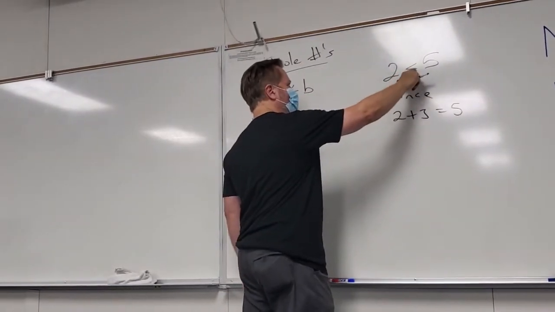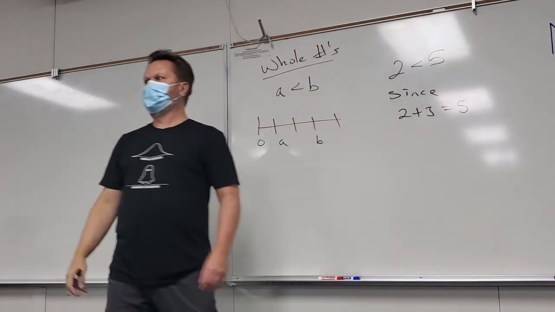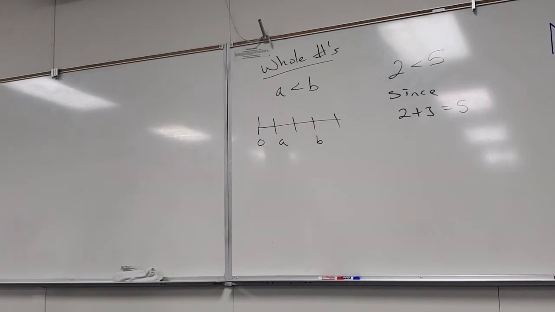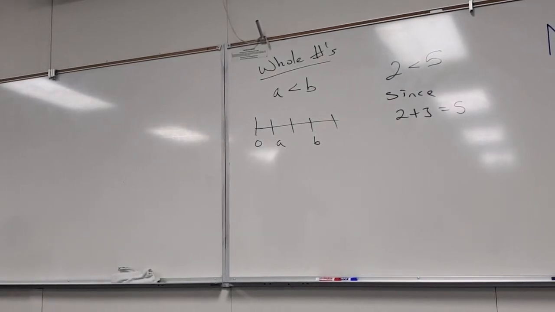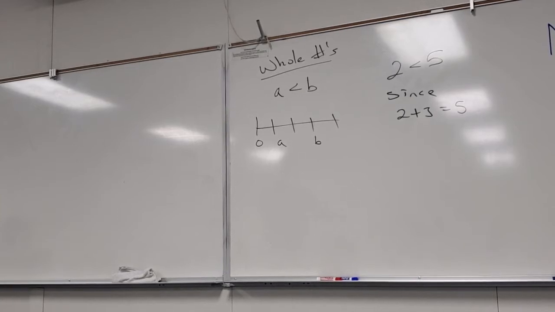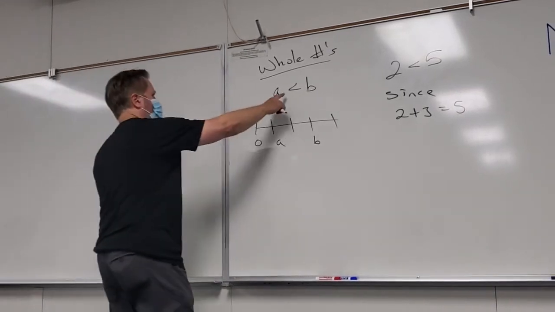So this is less than that because it requires something to become this guy. It requires more. That's a slightly different way to think about it. It should immediately make sense. If a number is less than something else, then that number needs something to become the other. That makes sense. Okay, so get ready. I'm going to show you how this looks.